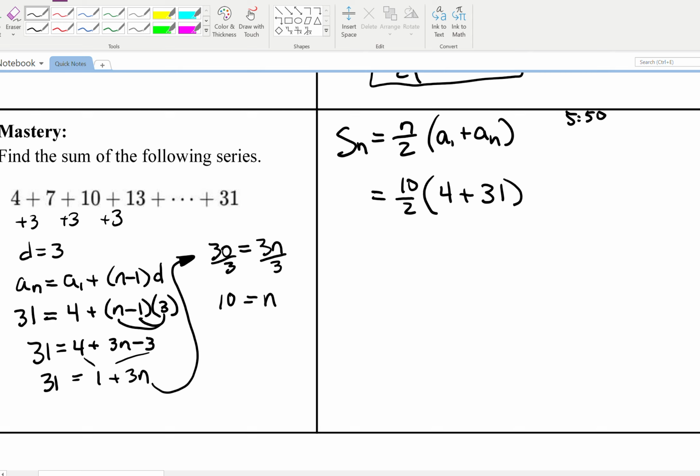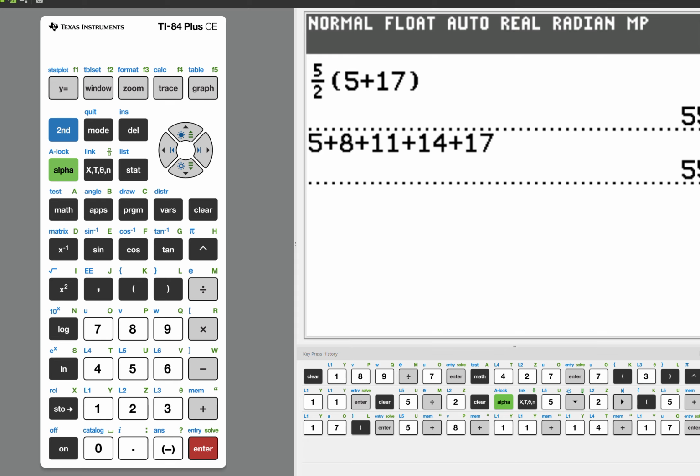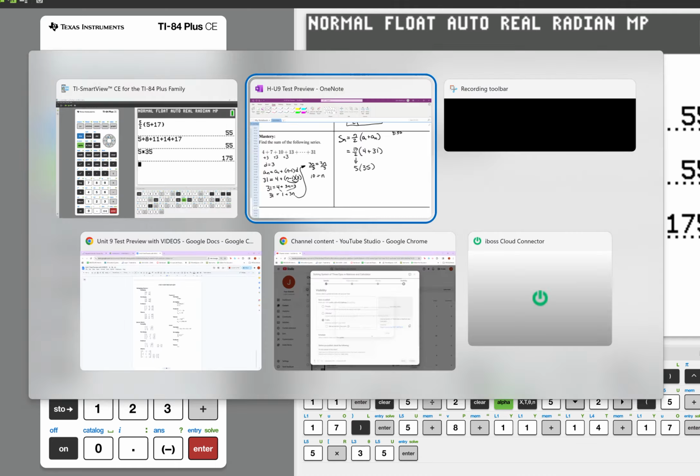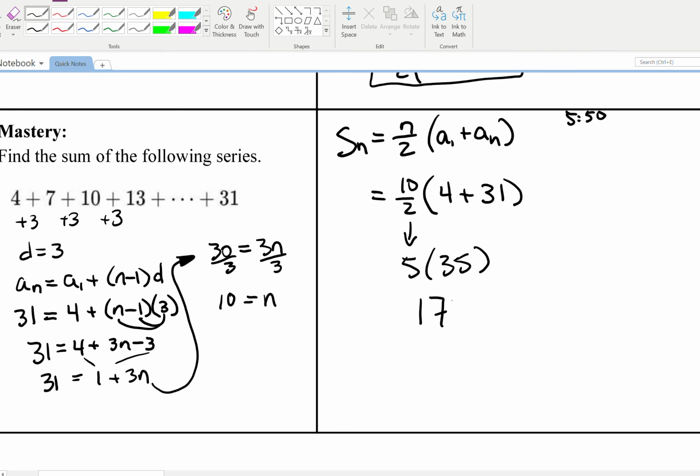I'm going to just go ahead and simplify. This is 5. 4 plus 31 would be 35. And so really all you need to do is multiply it. 5 times 35. And that would give me 175. And that's how we do it.